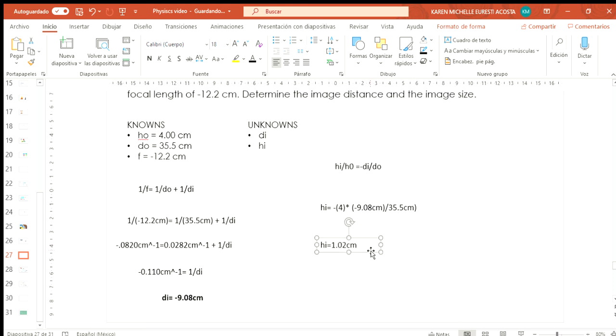This will be our final answer. And now we finish. We have the distance of the image and the height.